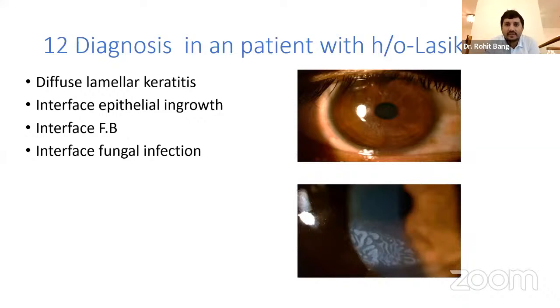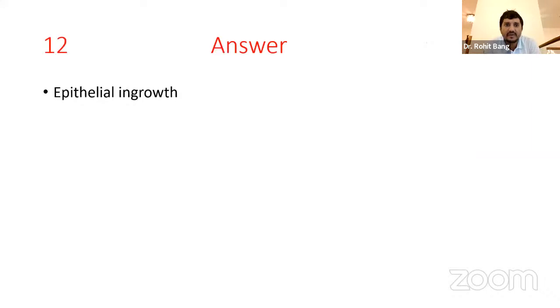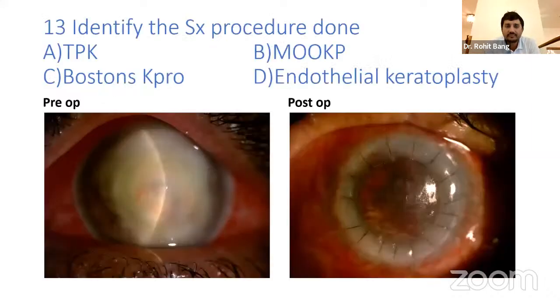Now, in a patient who has undergone LASIK maybe around 1 month back, if you see a patient with irregular astigmatism, a relatively quiet eye, although you are seeing some haziness or whiteness in the interface, what do you diagnose? So last 5 questions, 5 seconds for all of you. After 1 year, you are not going to see DLK or diffuse lamellar keratitis. So the answer is interface epithelial ingrowth.